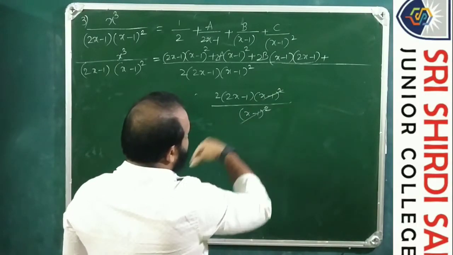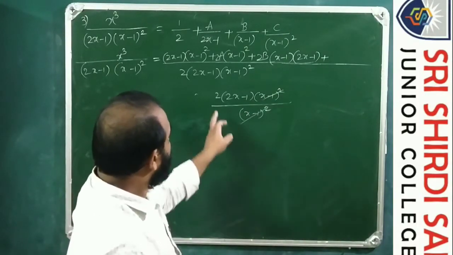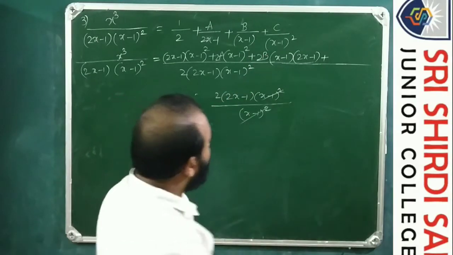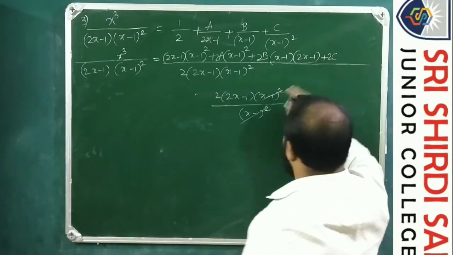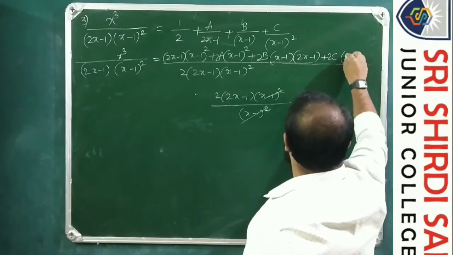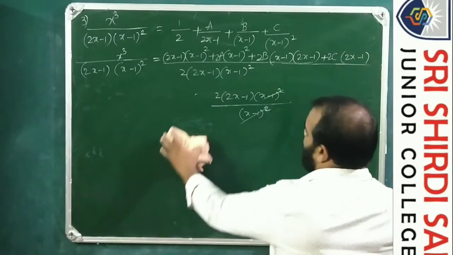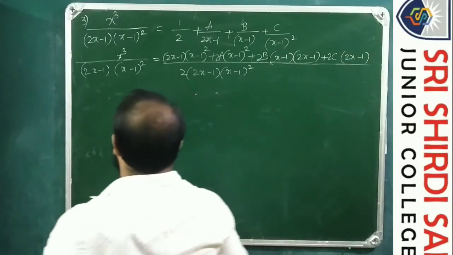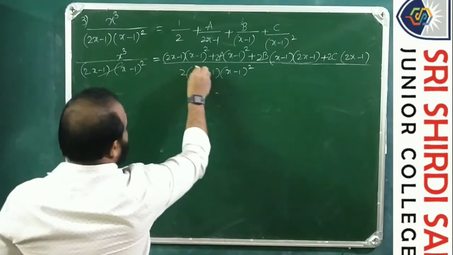So these two gets cancelled. We are left with this into c. So 2c into 2x minus 1. This is equals to, these two gets cancelled on both the sides.